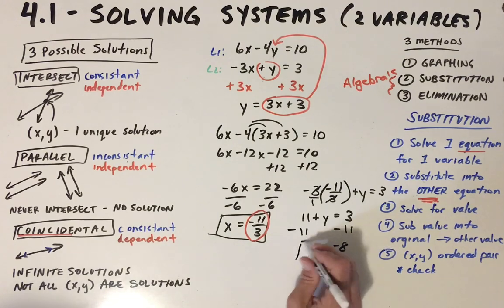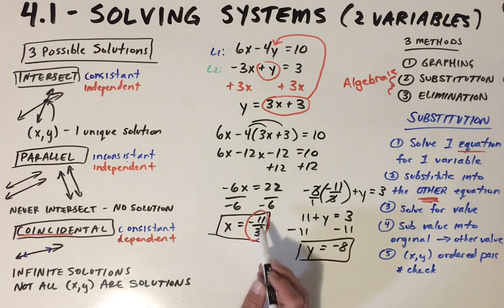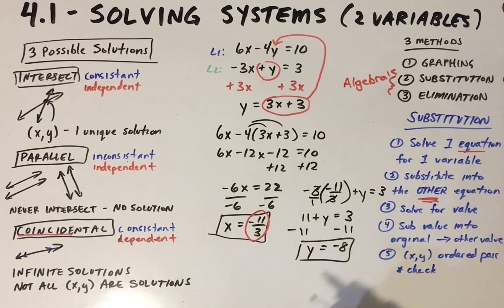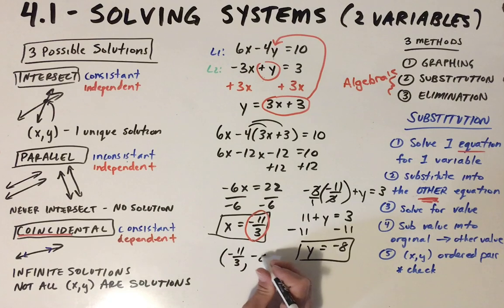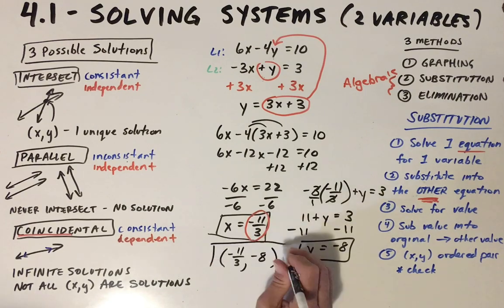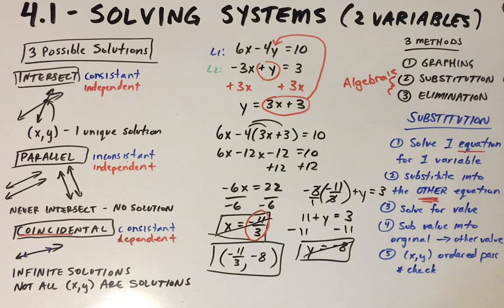All right, so yes, I now have my x coordinate and my y coordinate. X is negative 11 thirds. When x is negative 11 thirds, y is negative 8. This is my ordered pair solution, which has to be written as an ordered pair. So this is the solution, not this and not this. I have to have it written as an ordered pair.